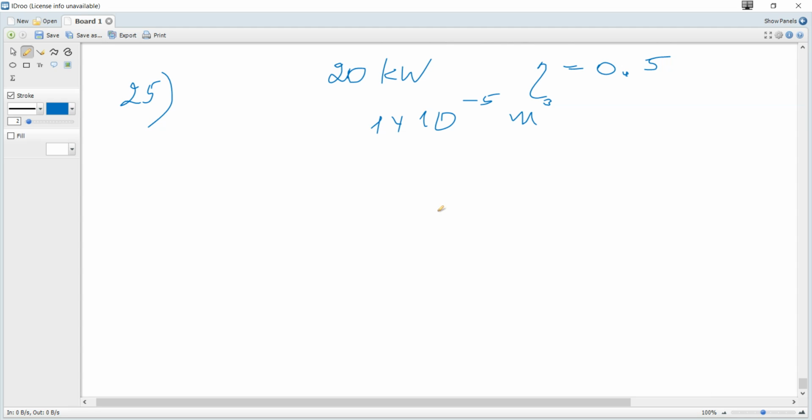Energy density, or you can see the options, it's energy divided by meter cubed, so it's energy divided by volume, and it becomes energy density. So we need energy divided by volume. Volume is given, it's 1 times 10 to the negative 5 meter cubed.